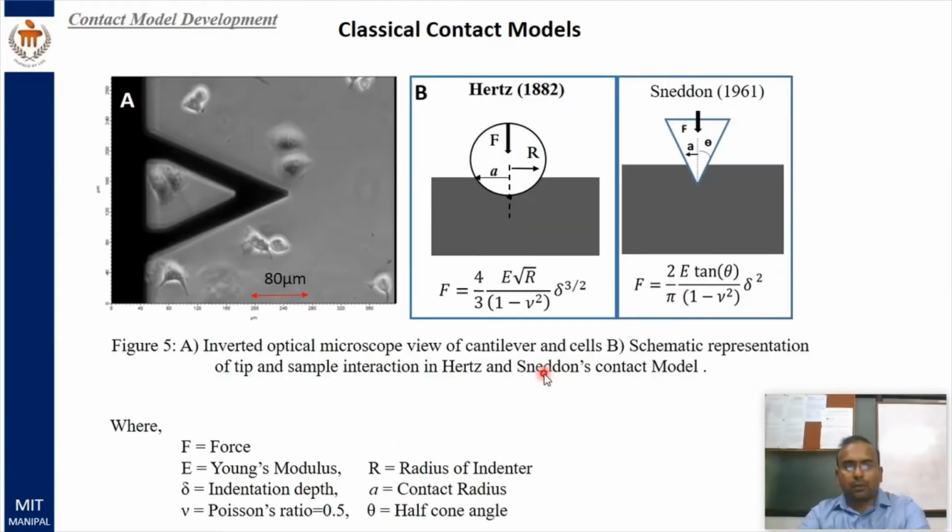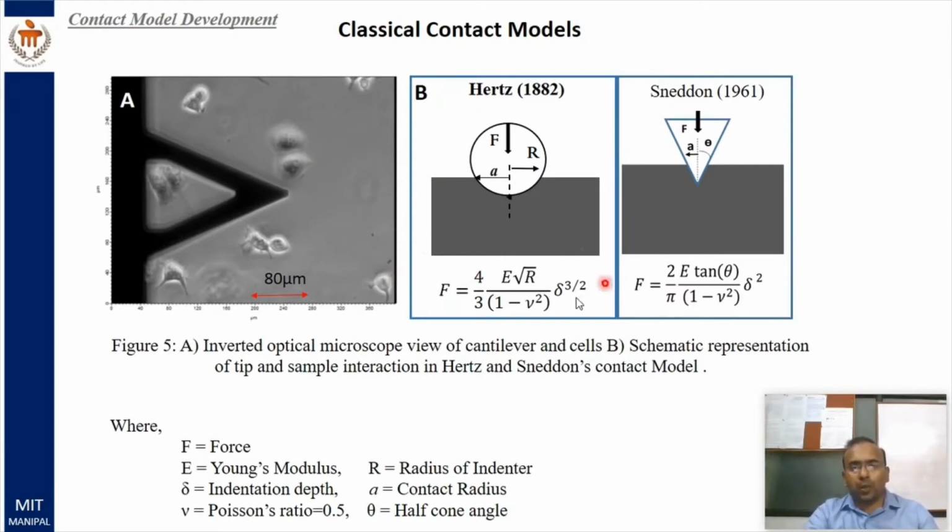Now, coming to these popular contact models, where exactly is the problem? We can see here a realistic scenario where the AFM with the probe at the free end is going to interact with the cell, which has a thickness varying from a few hundred nanometers to a few micrometers, and the indentation can be anywhere based on interest.